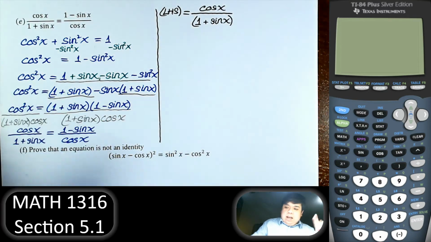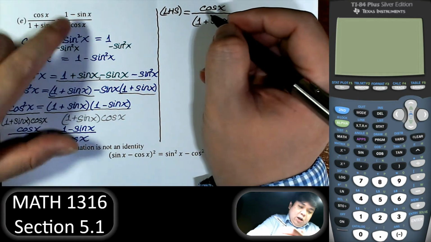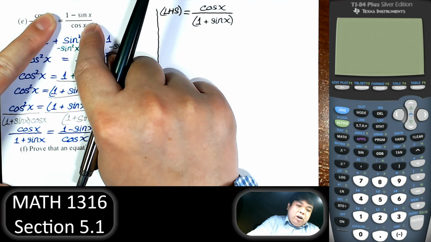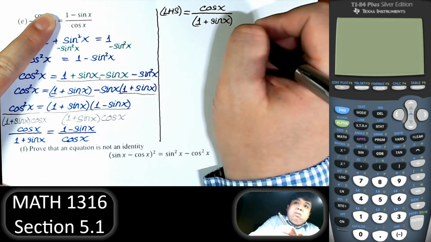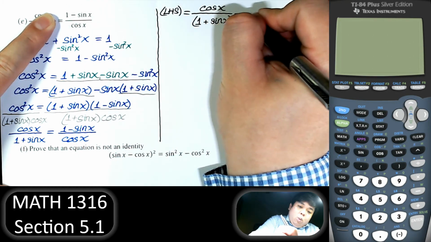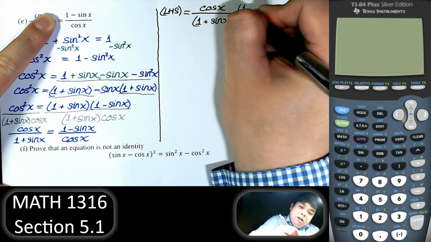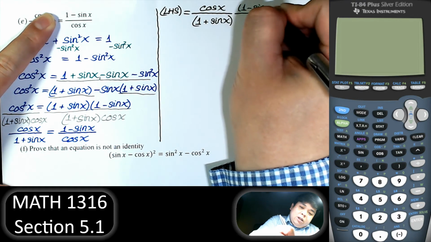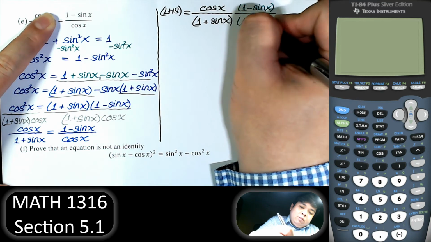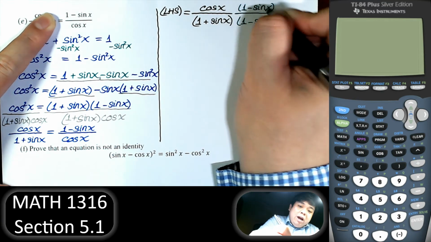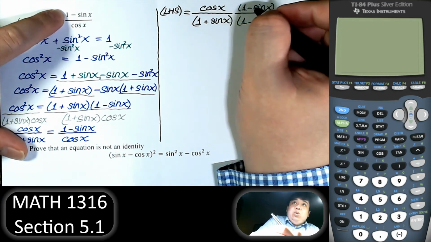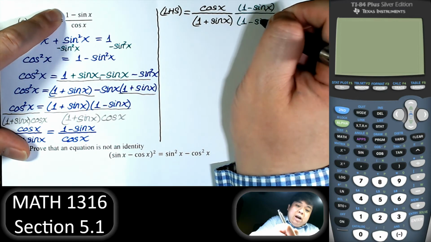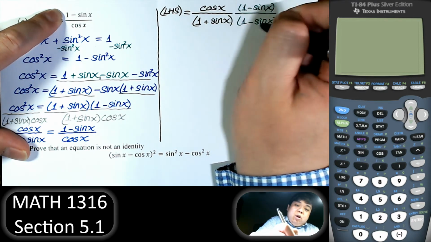But, or we can multiply 1 minus sine on the top. So, there's two ways to do this, because we're trying to get to this one, so either we multiply cosine top and bottom, or we multiply 1 minus sine top and bottom. We hope that this will stay, so we have 1 minus sine, and we hope that this will cancel out somehow.